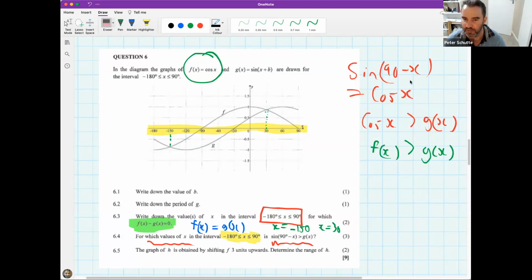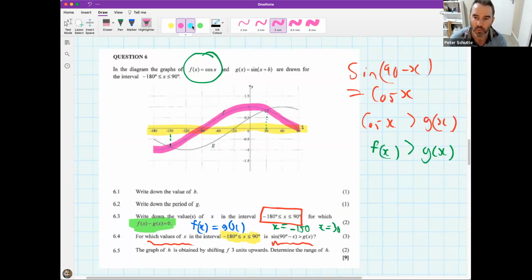Okay, now be careful here. If I look at the f graph, the f graph is like this pink one, right? So there's the pink graph. And what the question is asking is, when is the pink one above the other one? So let's put the blue one in. Blue can be g. Do you love my colors?